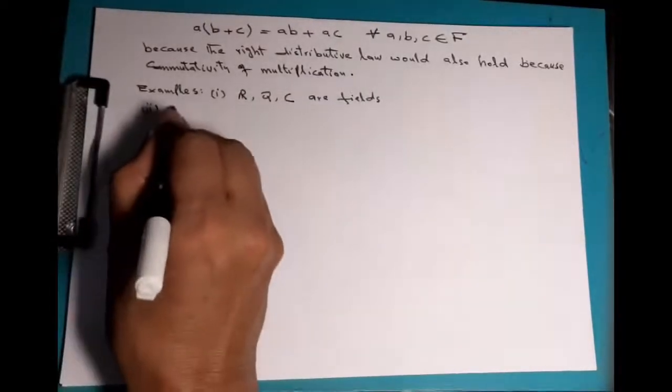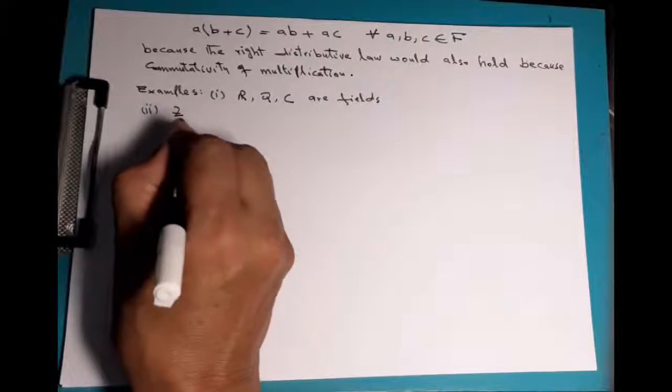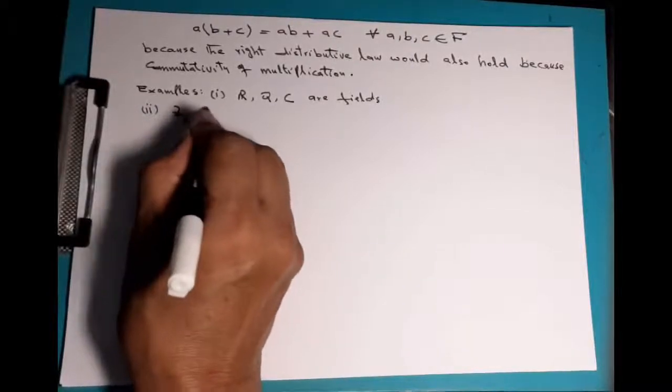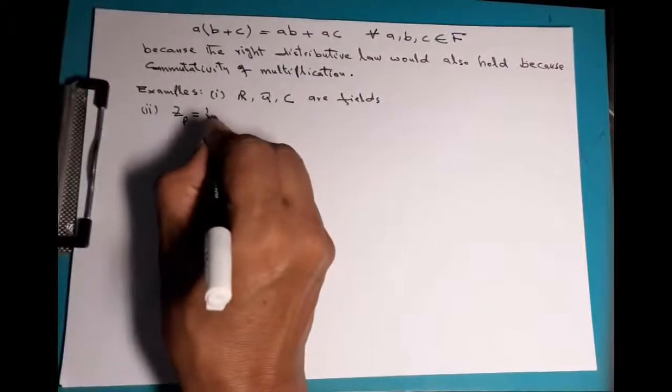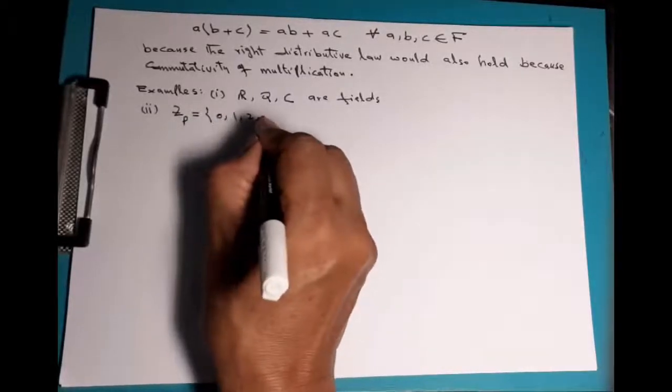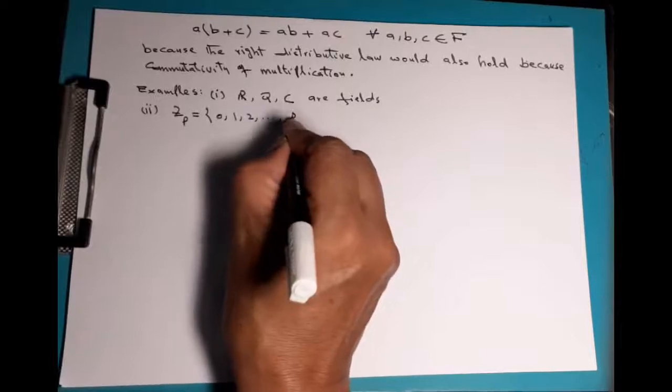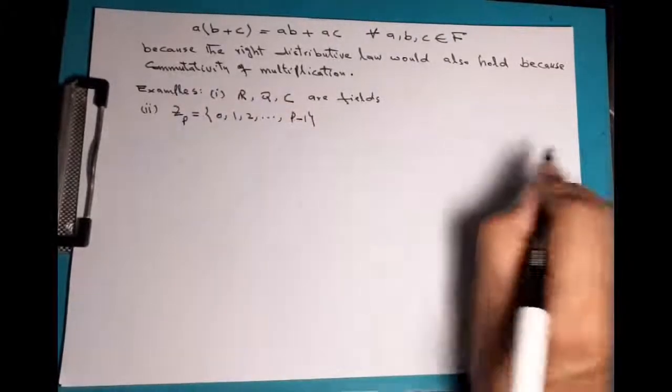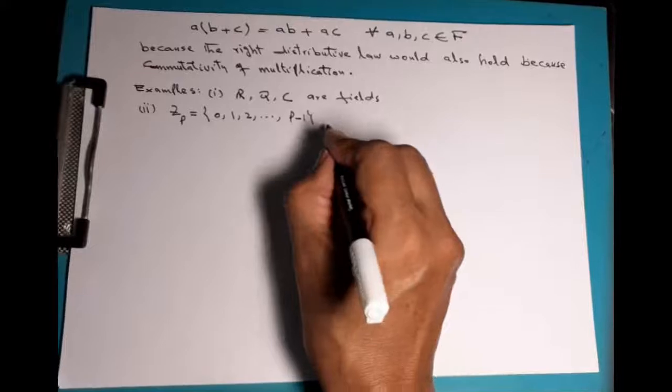ZP, let me explain it. ZP is equal to 0, 1, 2, and so on up to P minus 1, where P is prime.